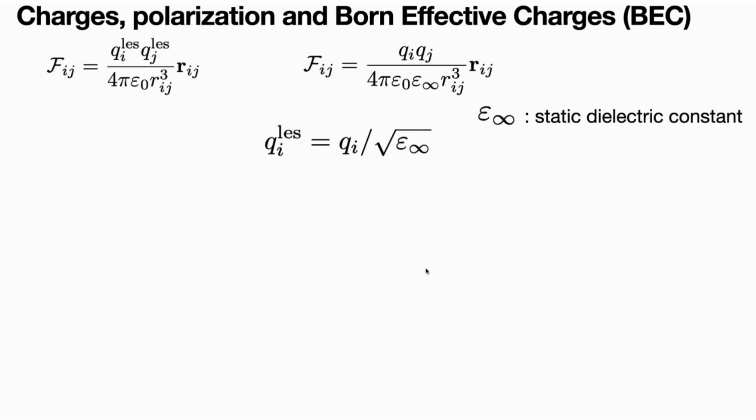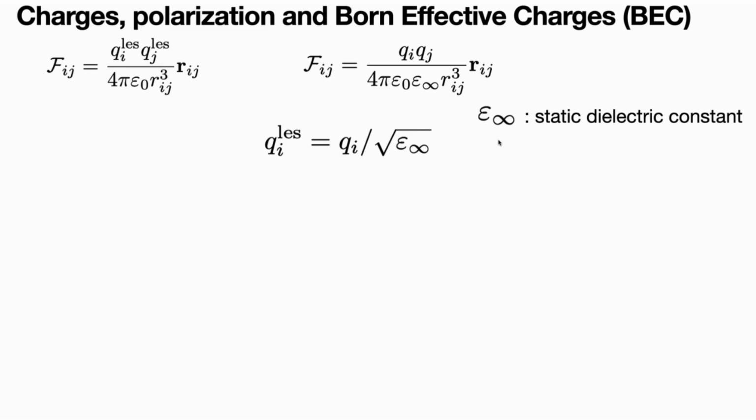So these are screened by the background of the free electrons. So our learned charges are these scaled charges. Now, if we are in vacuum, then this is just a constant of 1. Now, if it's a bulk system, we need this constant number. This is just one constant number for one system.